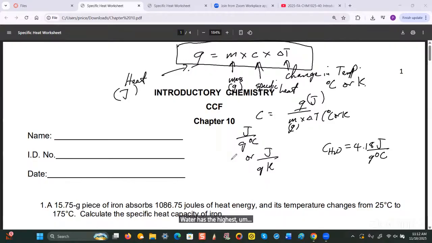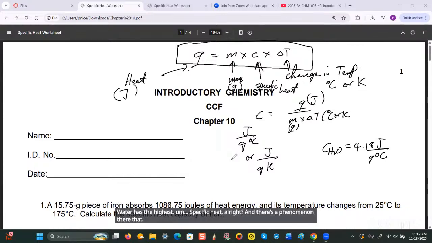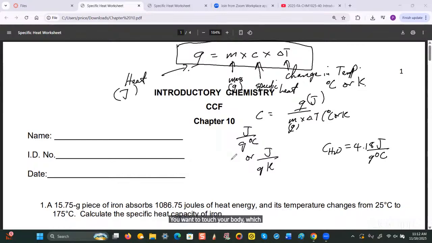And there's a phenomenon behind that known as hydrogen bonding, which is responsible for that. Metals tend to have low specific heat, right? So it's not uncommon to encounter a metal that would have a specific heat around, I would say, 1 point something or even less, all right? Okay, so with that said, this is the equation that you'll be working with for the most part when it comes to solving these problems.